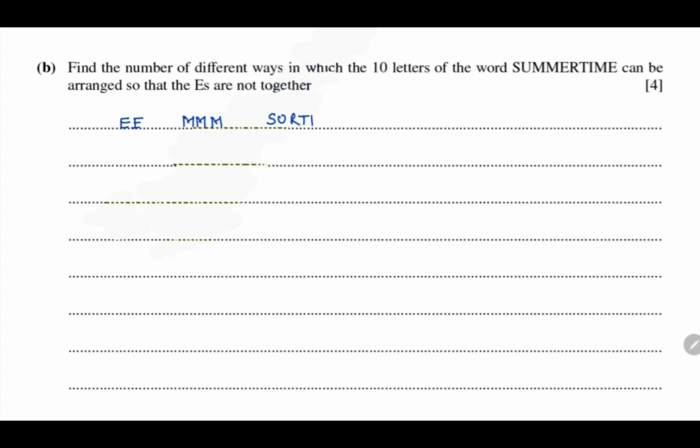So E's are not together. As there are only 2 E's, we can solve this by total minus together. But if there were more than 2 E's, for example, if it was given that none of the M is together, then we would have to solve it by spacing method. But for now it is easy.